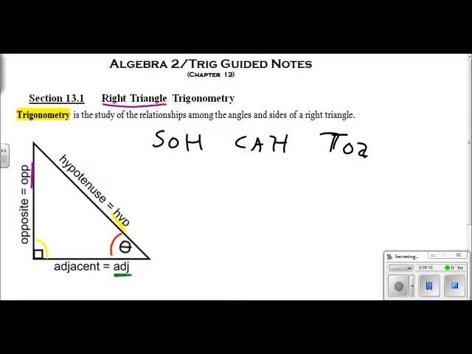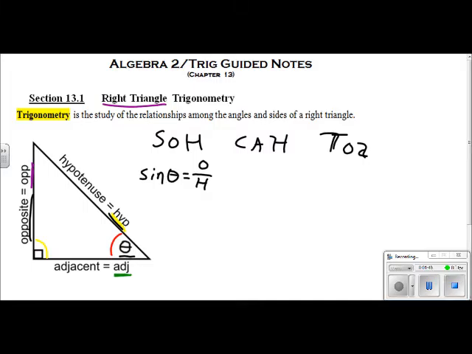So it all just depends on where your angle theta is that you are looking from. So anyway, SOHCAHTOA means that if we are looking at this angle theta, and we want to know the sine, which we can abbreviate as sin, the actual word is sine, but we can just use sin. The sine of theta is going to be the opposite side over the hypotenuse. So whatever this length here is, divided by this, that is your sine.